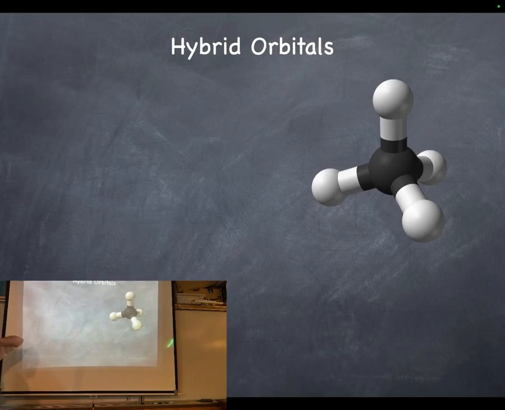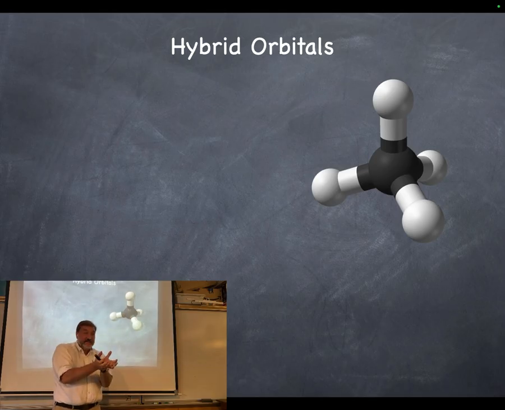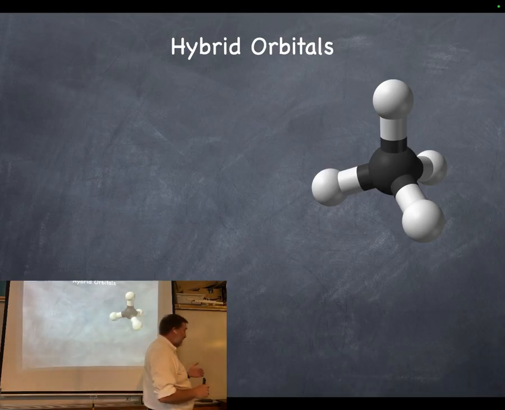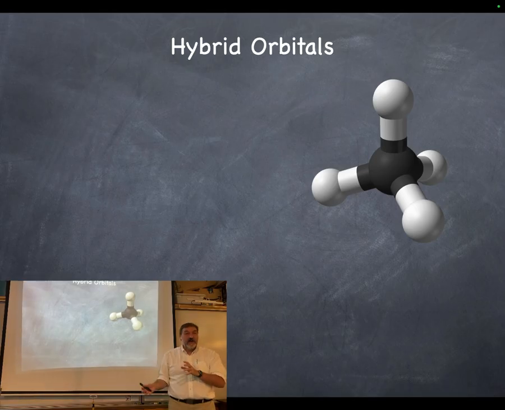No big deal. So this shape does not come naturally out of a spherical s or 90-degree angles for p orbitals and things like that. So here's the situation. We can take our atomic orbitals and come up with a semblance of an explanation.